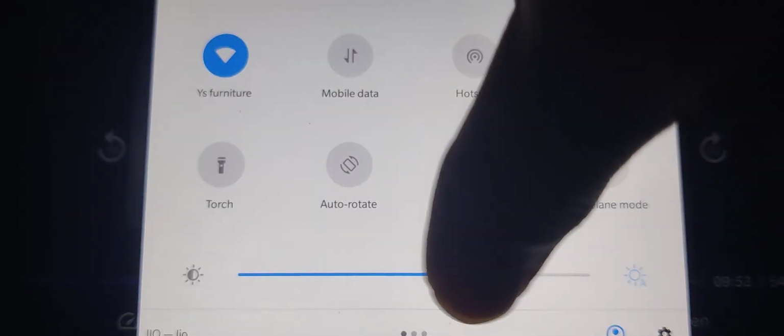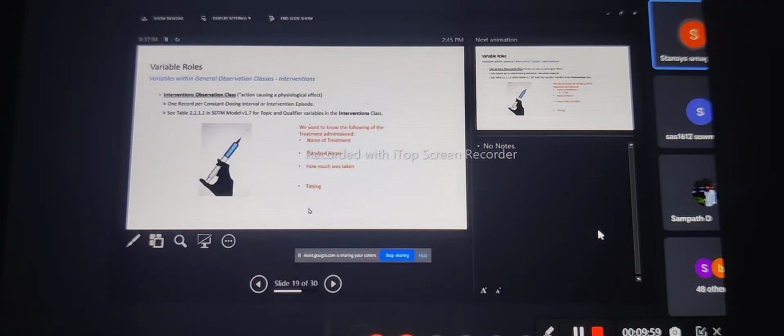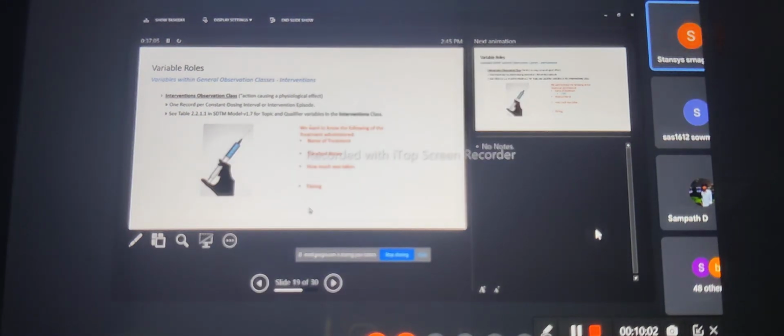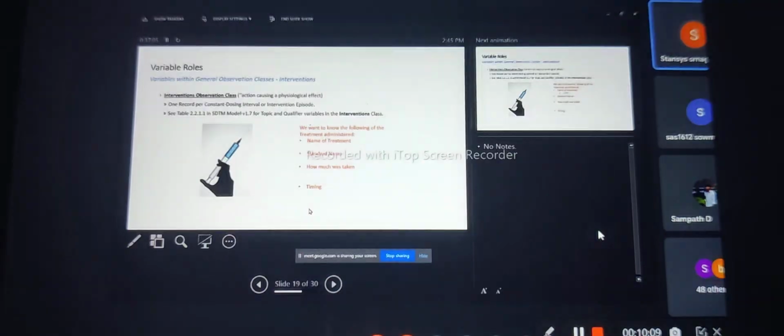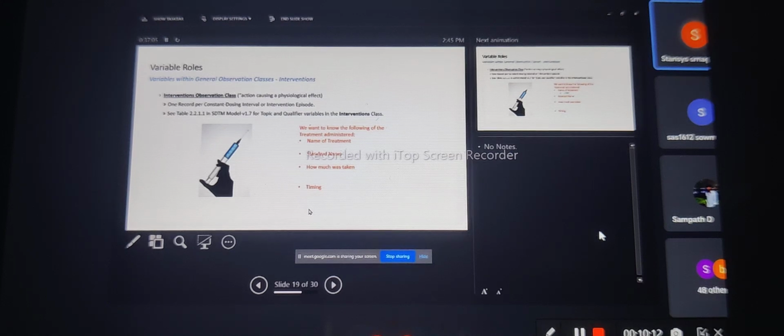Can anyone tell me what the topic variable in interventions is? The name of treatment is the topic variable, TRT. And standard names come under the decode, the synonym qualifier.